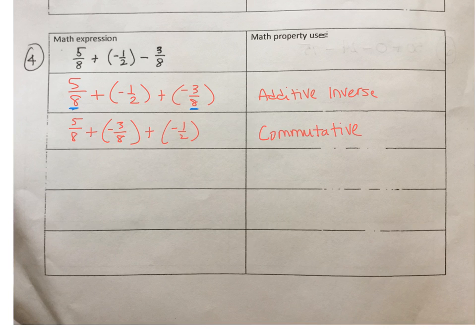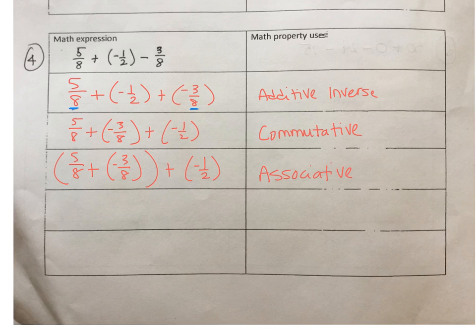Okay, so we arrange them, so therefore once we arrange them, we have to note that it's commutative. Now we can actually show that we are grouping. I am grouping my common denominators together, okay? It's going to make life a lot easier when it actually comes to solving it. So grouping is associative.